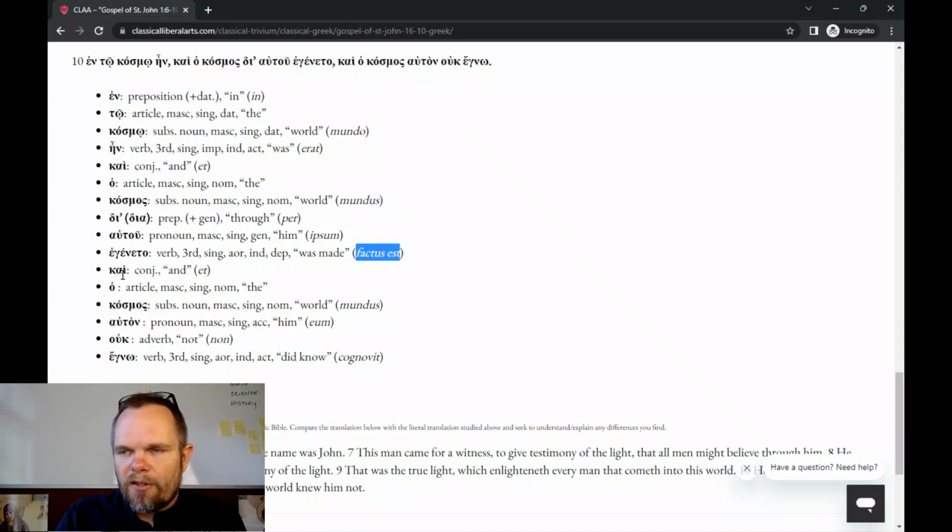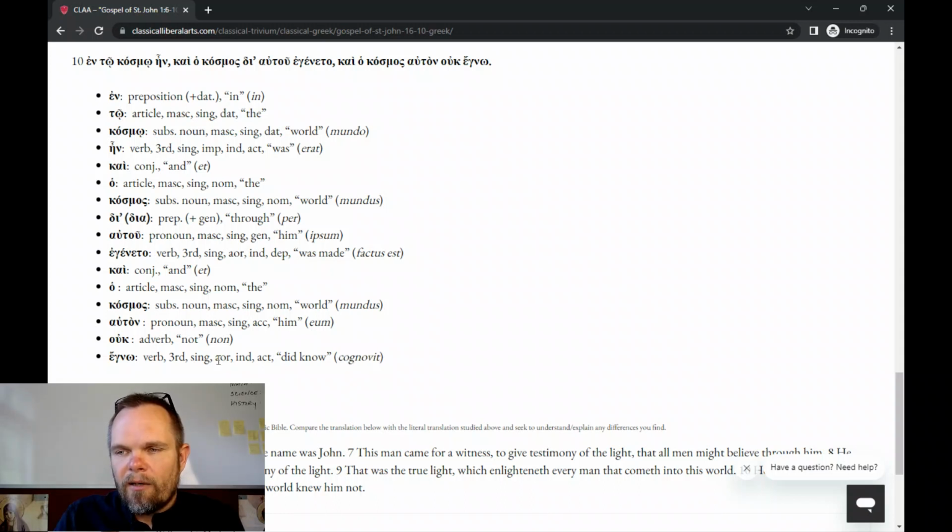Kai, the conjunction and, ho kosmos, and the world, auton, in the accusative case, the world him, ouk egno. Ouk is the adverb not, and egno, you see it's third person singular, aorist tense, and indicative. Egno means did know. You see the Latin cognovit.